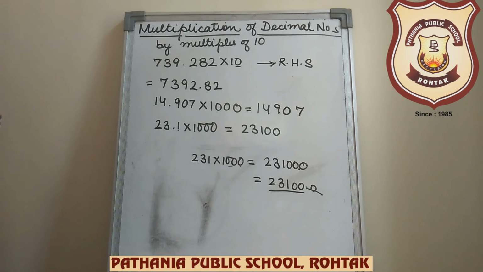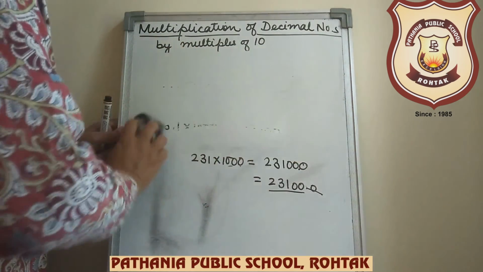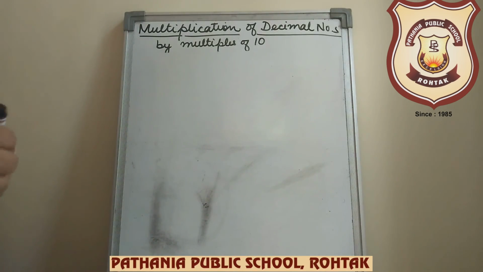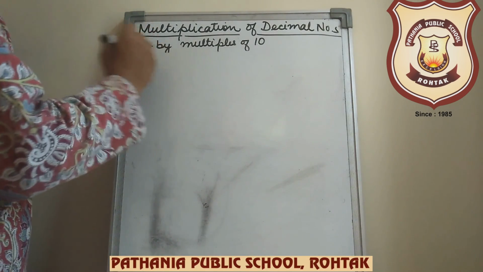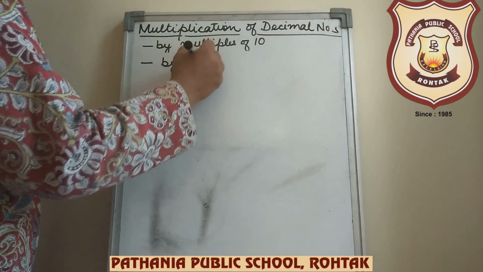Now how to multiply the decimal number with whole numbers? First we have done by the multiples of 10, then by whole numbers.